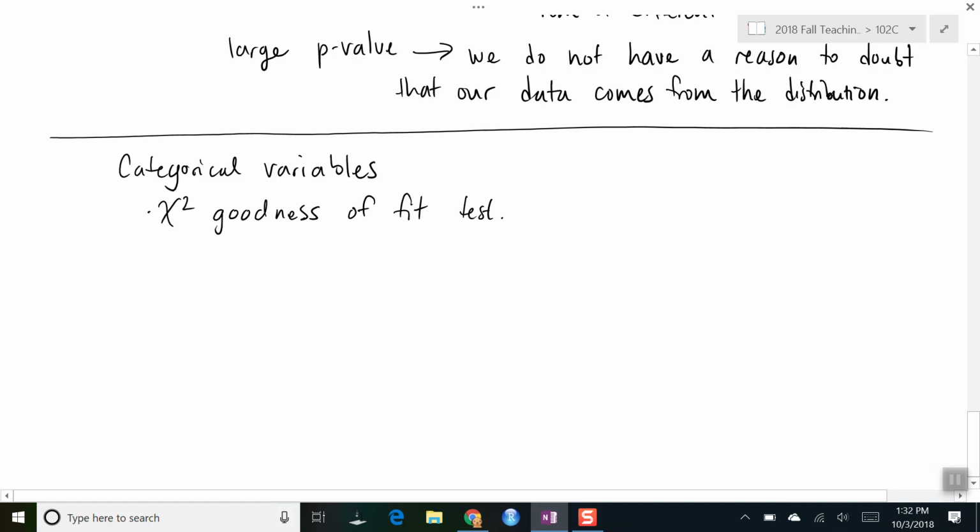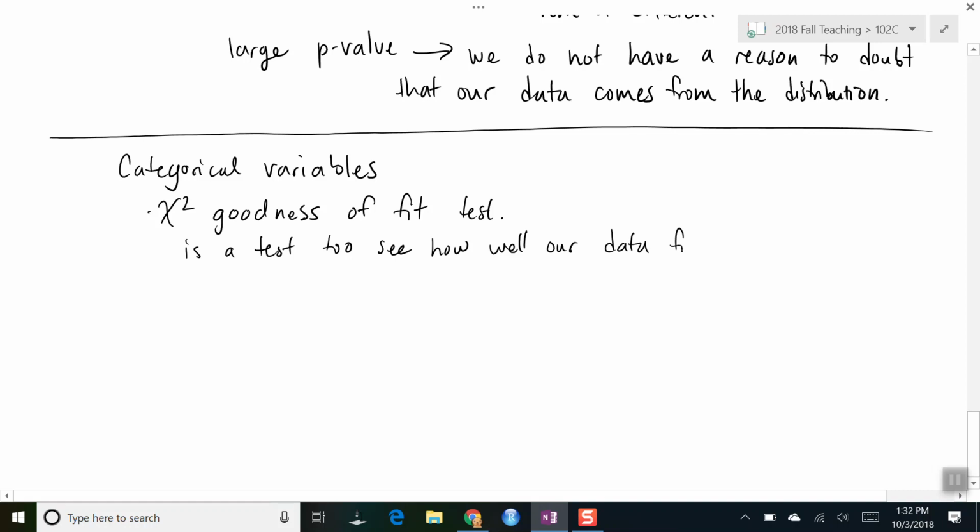Okay, so for categories, there's all sorts of tests you can use, but I think the ones that make sense would be the chi-squared goodness of fit test.